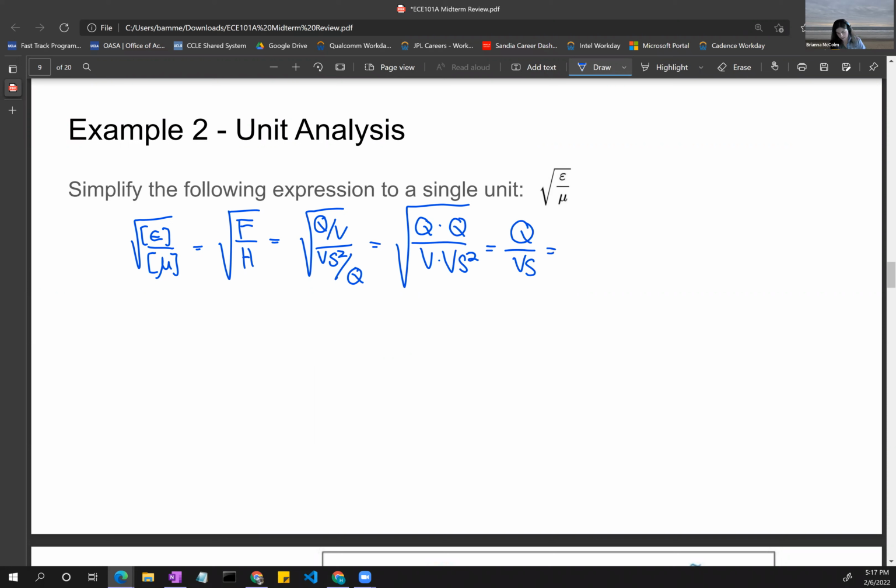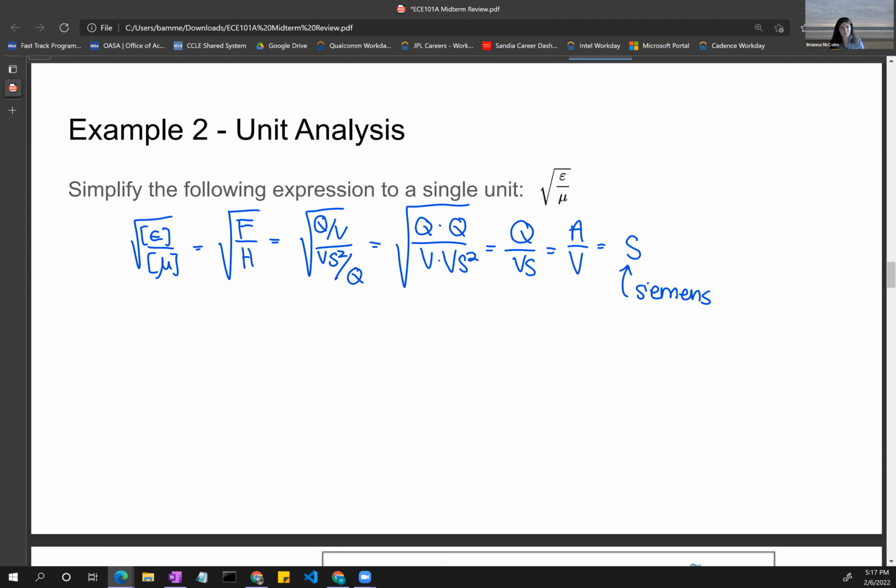And then we can recognize the charge per second as amperes, as current, and then this is volts. And so this is going to be Siemens. So this is just looking at the units of the quantities that you're considering. So those are pretty important, and you should probably just be familiar with any units that you're working with. Does anyone have any questions on this problem?